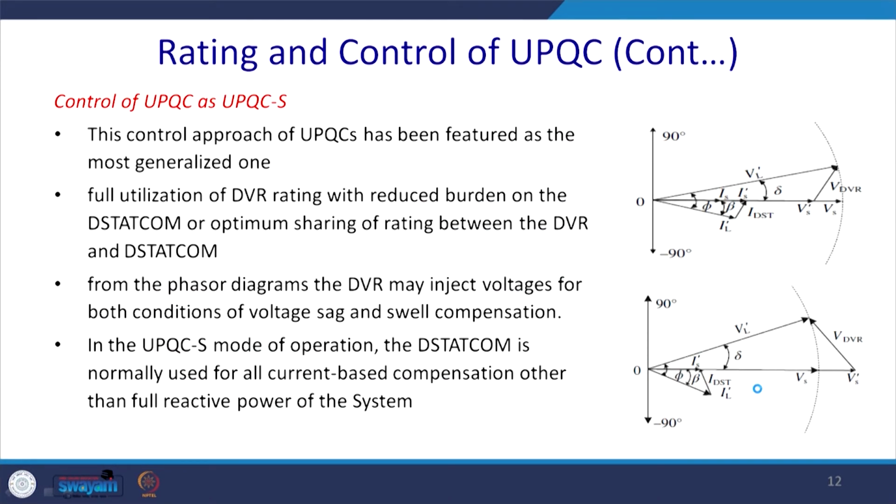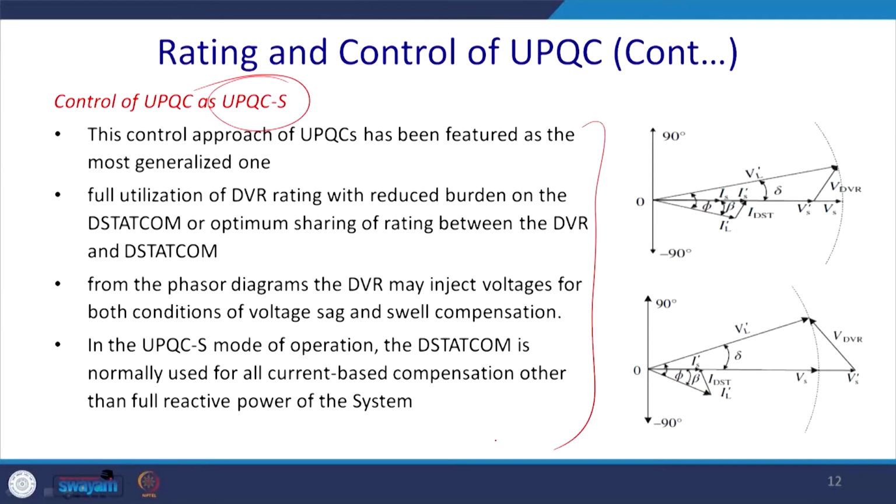Now, this is the phasor representation of it, but this is for the S type, where you try to optimize the overall KVA rating of the UPQC. Generally, in case of the Q, your D STATCOM rating is low, but the power rating of the DVR is high.